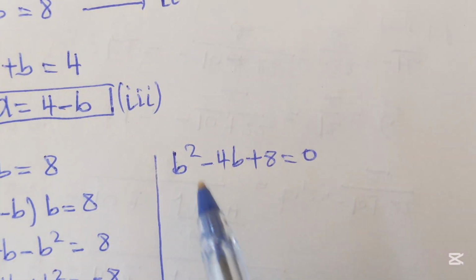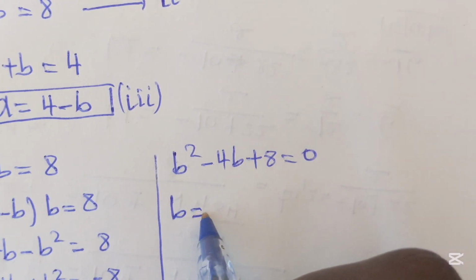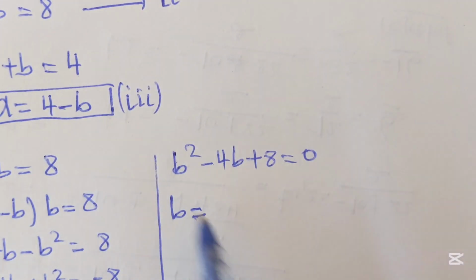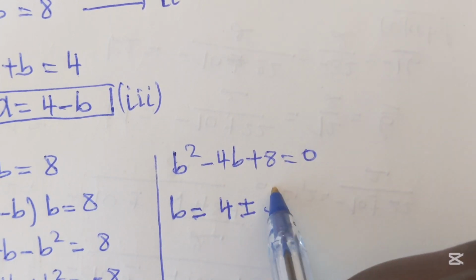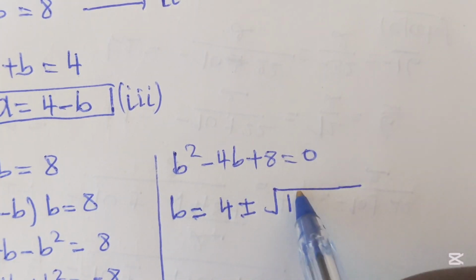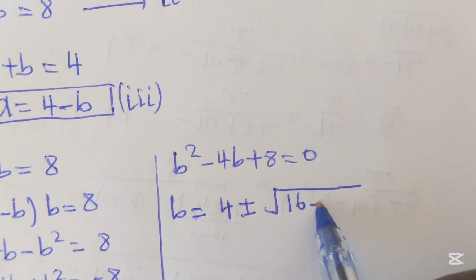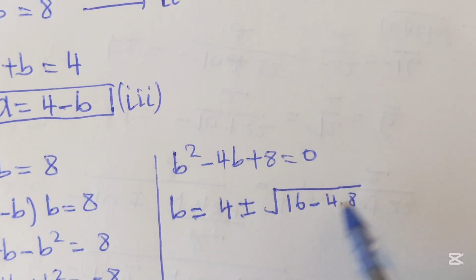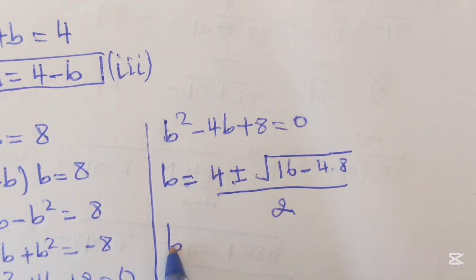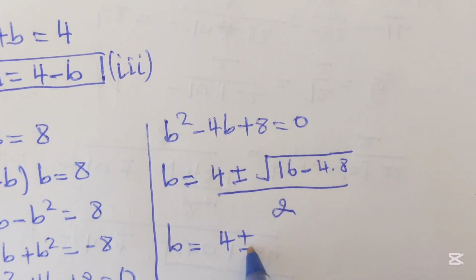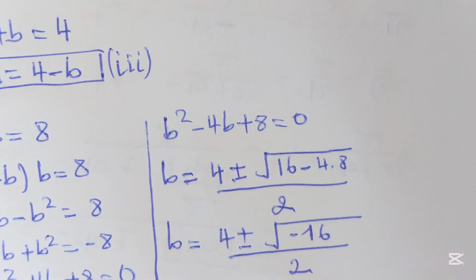By using the formula method, b will be 4 plus or minus the square root of 16 minus 4 times 8, over 2, right? Then b will be 4 plus or minus the square root of negative 16, because it's 32, over 2.